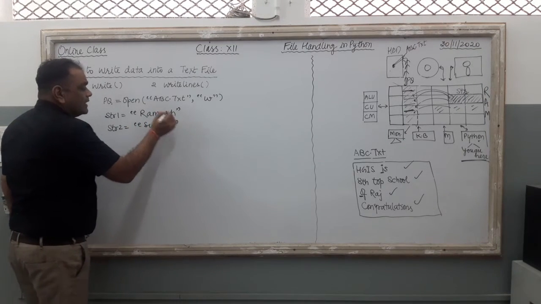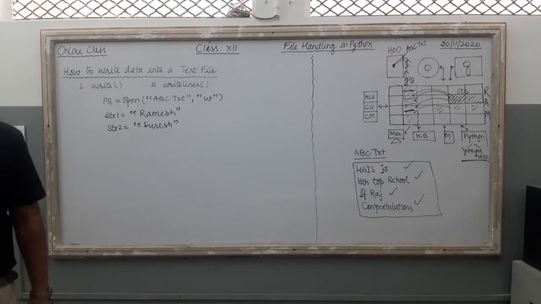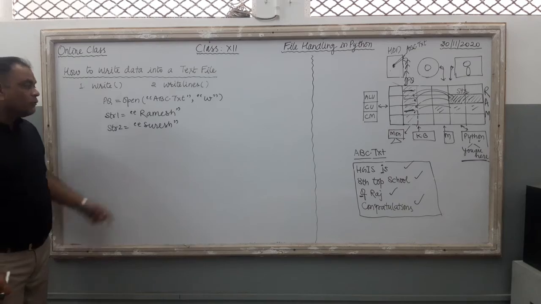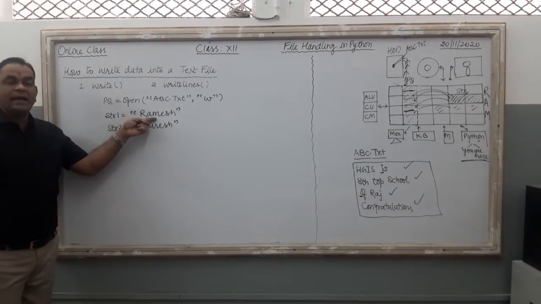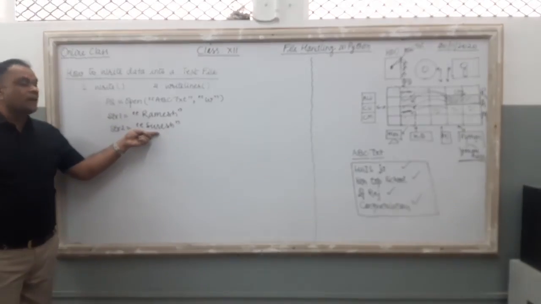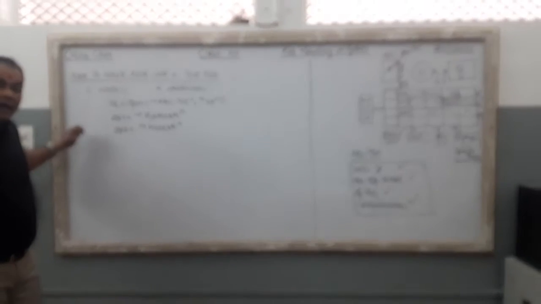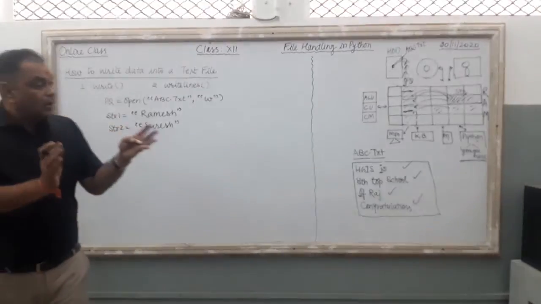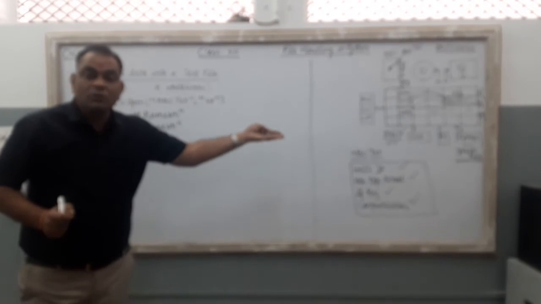I want to write these 2 names in 2 different lines into my file. So for that, the first string contains Ramesh, second string variable contains Suresh. Now I have to create a third string variable and arrange the data according to the same which I want to store in the file.